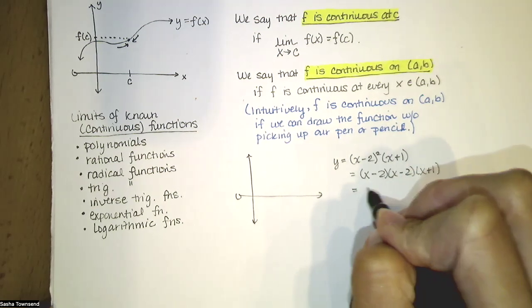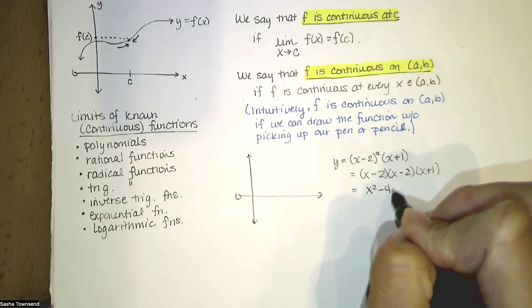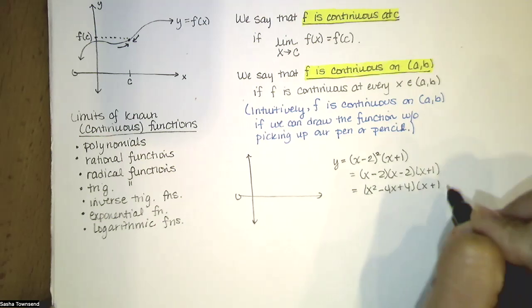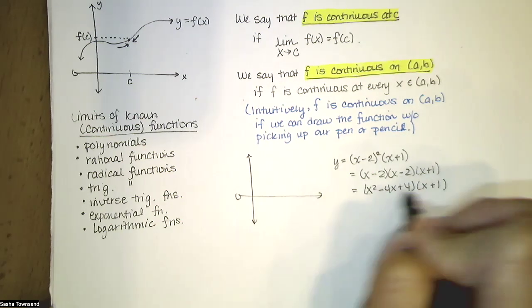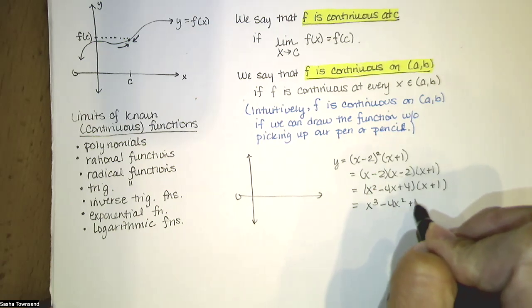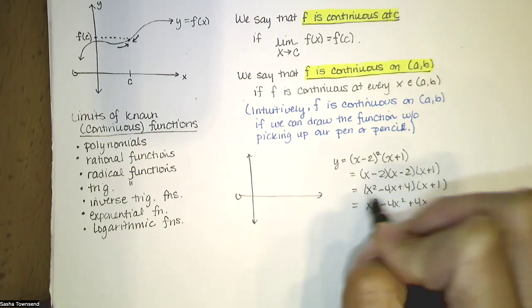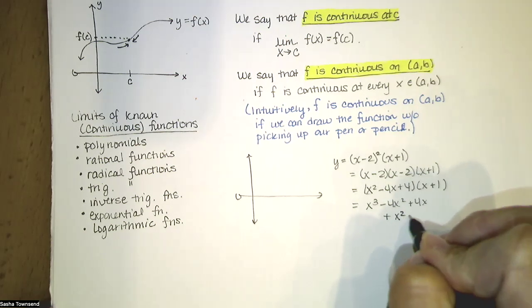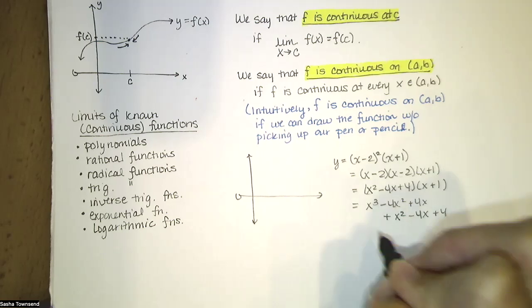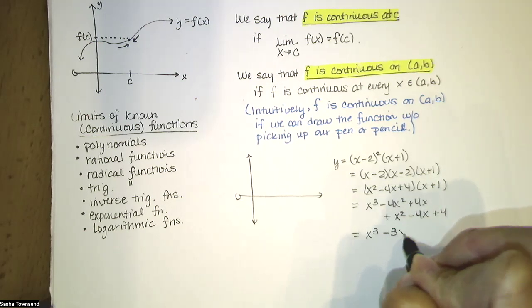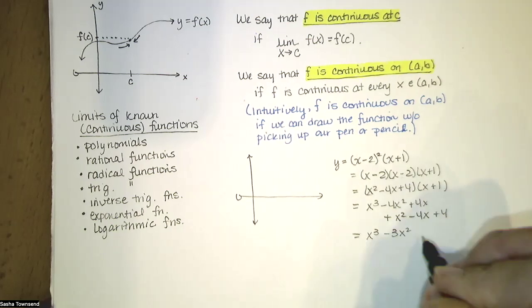We multiply these two together, we get x squared minus 4x plus 4. If we distribute the x to all of this, we get x cubed minus 4x squared plus 4x. If we distribute the 1 to all of that, we'll have a plus x squared minus 4x plus 4. And so we'll get x cubed minus 3x squared plus 4.